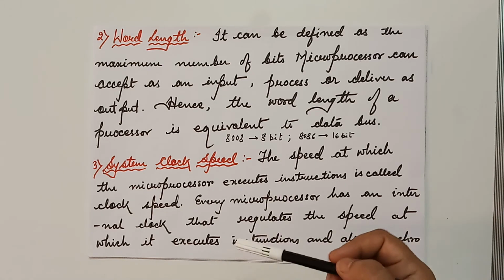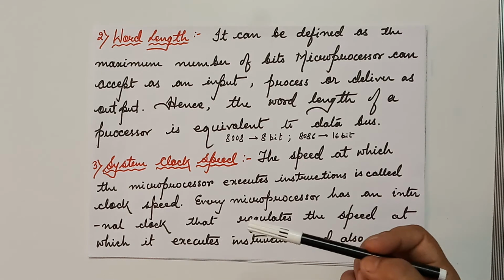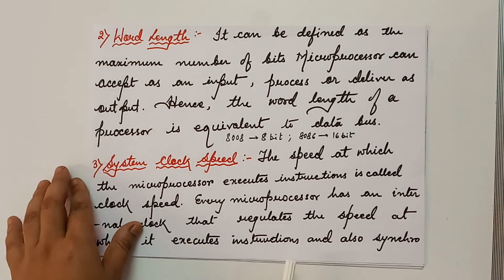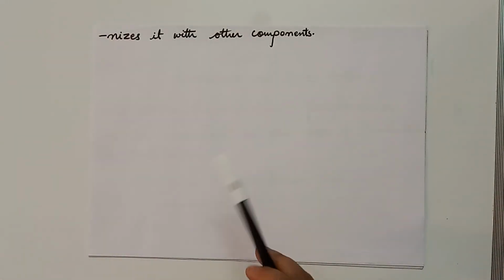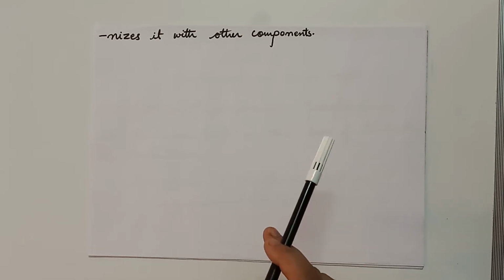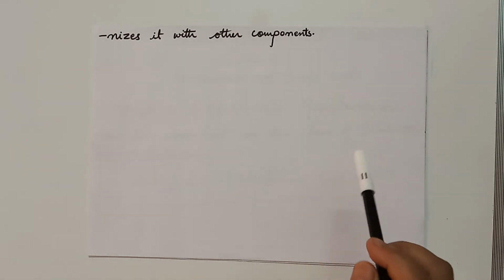So here also the system clock speed is one of the major characteristics of the microprocessor. Every microprocessor has an internal clock that regulates the speed at which it executes instructions and also synchronizes it with other components.